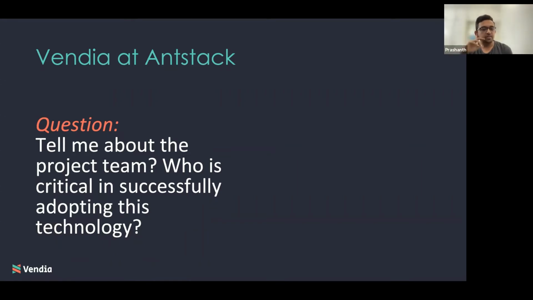We really did not have much of a learning curve coming into Vendia as a team, because all of our folks have already used different forms of GraphQL, and we have been working on a GraphQL React kind of stack for a very long time. So when we started with Vendia, we really did not need any special requirement in terms of talent. All the devs could just get started with it very easily.